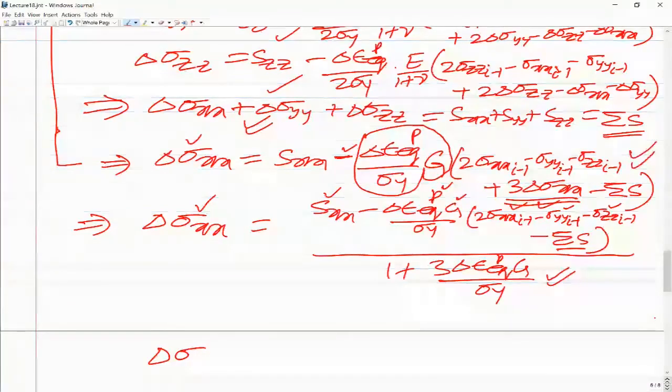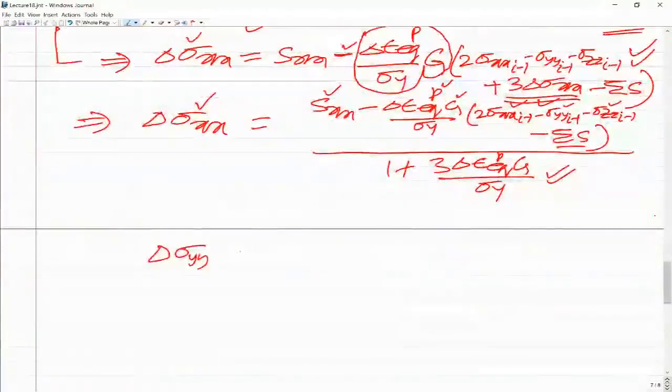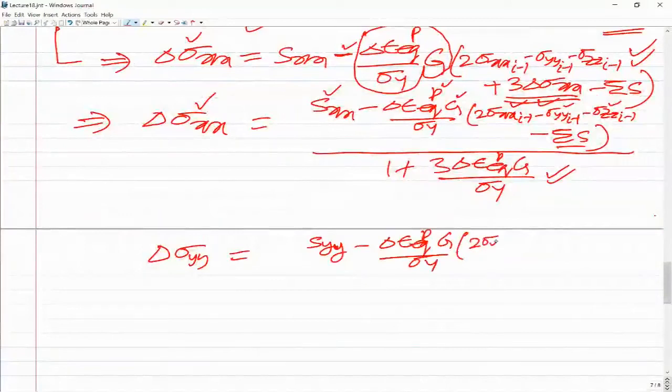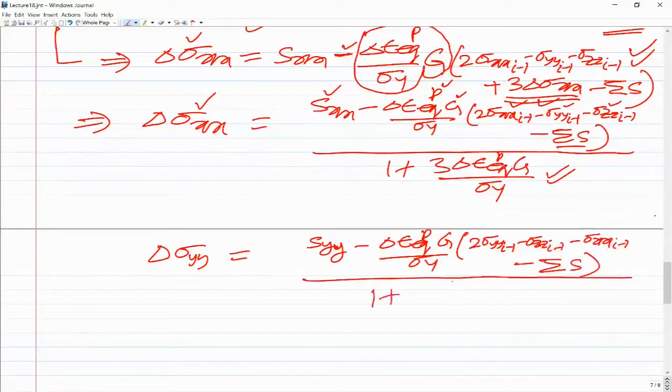Then you have this delta sigma yy. Similarly, I'm just writing the final expression. This would be syy minus delta epsilon equivalent p into G upon sigma y, into twice sigma yy at i minus 1 minus sigma zz at i minus 1 minus sigma xx at i minus 1, and minus sigma s, and this whole thing is divided by the same denominator, 3 times delta epsilon equivalent p into G upon sigma y.